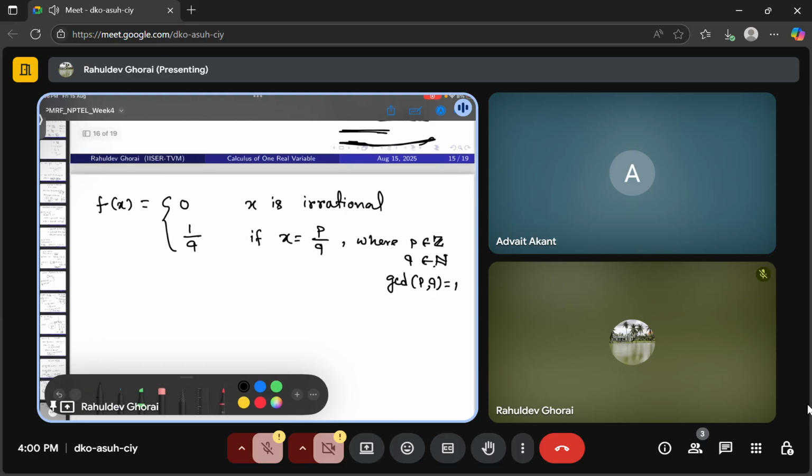So what about the differentiability of this function? Or I'll be specific: f is not differentiable at x equal to 0.